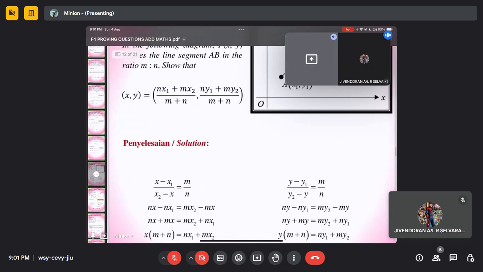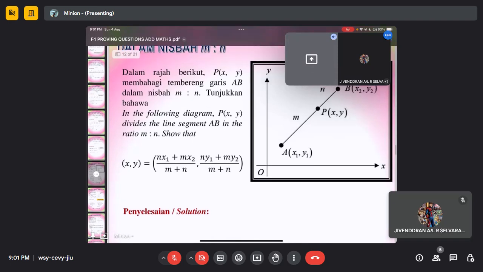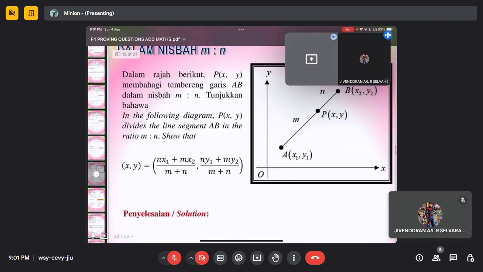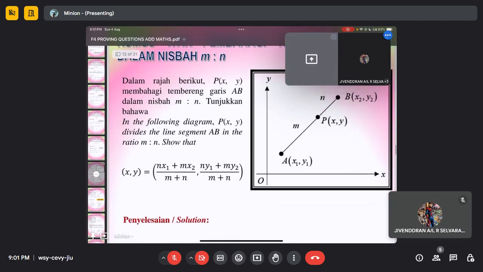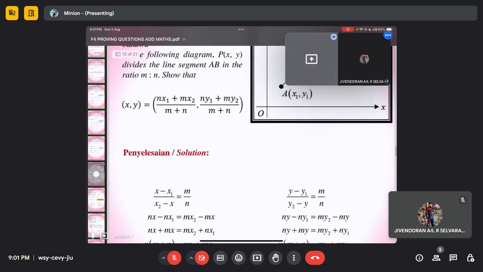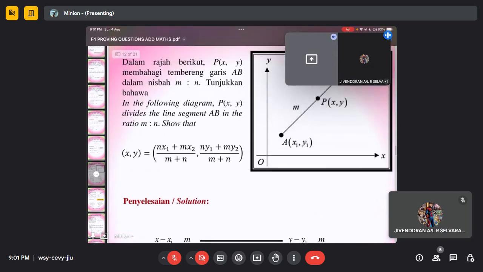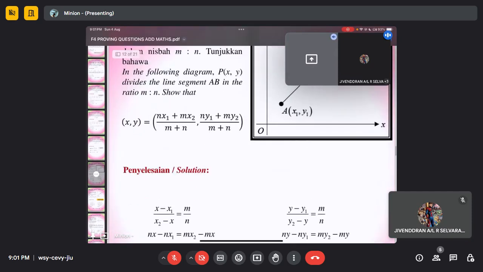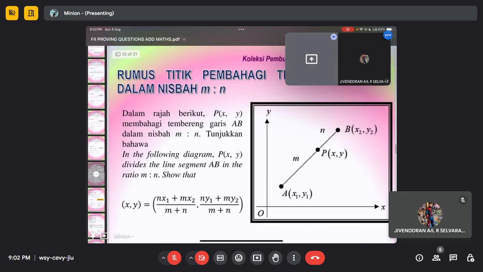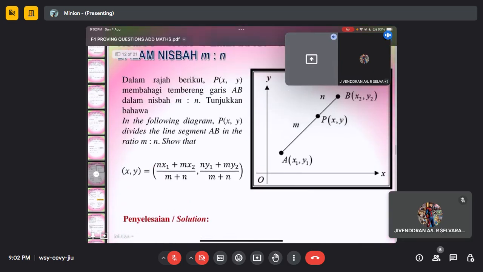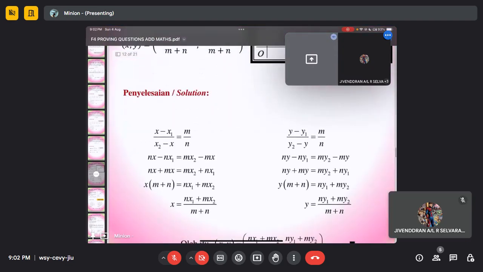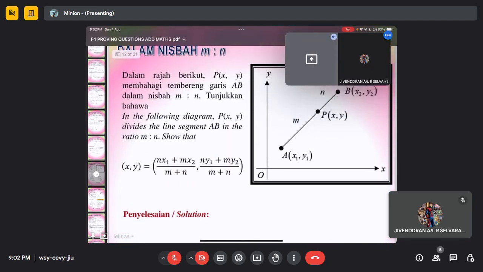So x minus x1, divided by x2 minus x. Where is x minus x1? Can you see x? x is in the middle, the midpoint P, right? x1 is here at A. So x minus x1, divided by x2, which is at B, minus x again, which is the midpoint, is equivalent to m:n.